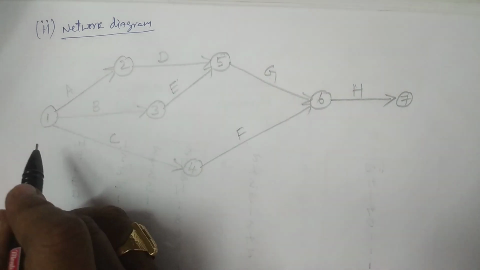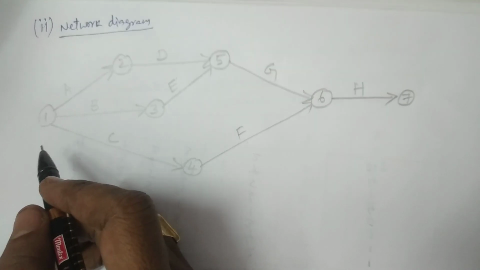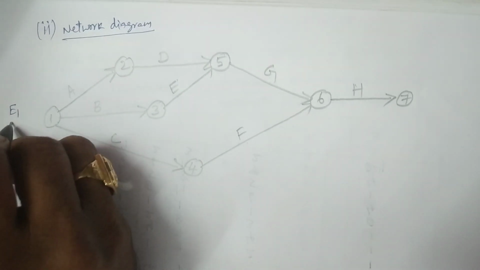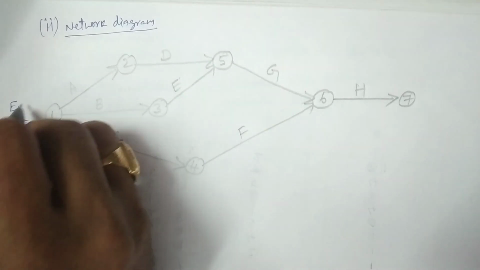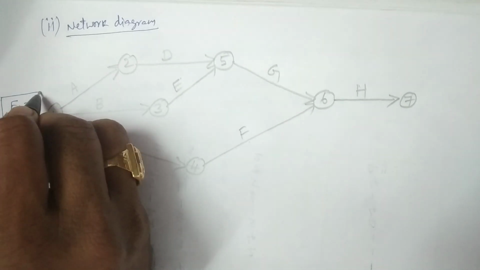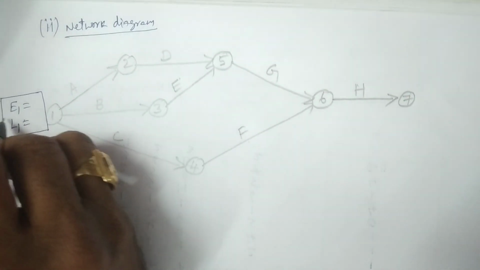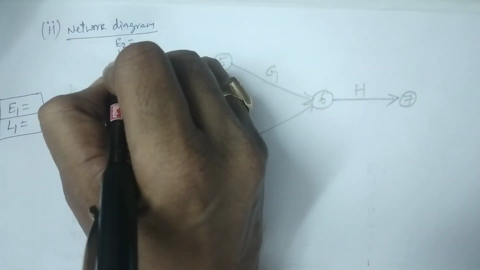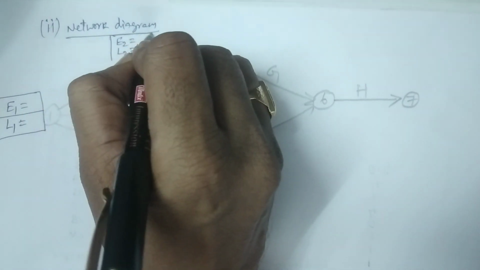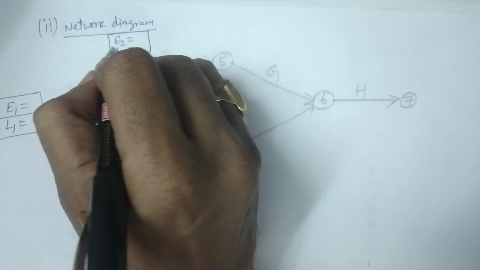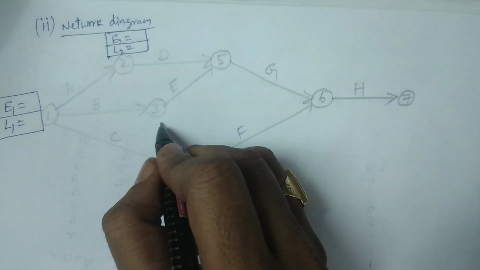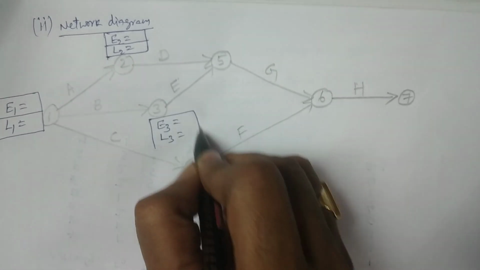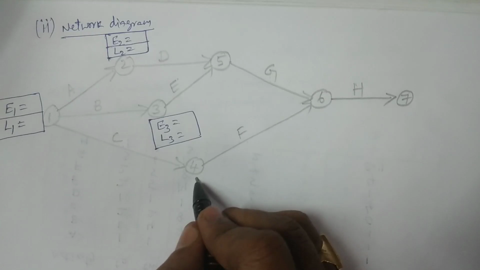And from the network diagram, the third question, the critical path, is going to be answered, for which you have to calculate all E and L values, that is, earliest times and latest times, with the help of forward pass and backward pass calculations. So I am considering E2 L2 here. At every node or event, I am writing the values of E and L. This is E3 L3, and then you write here E4 L4.